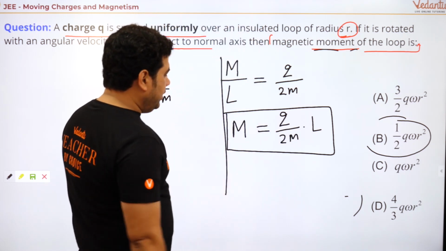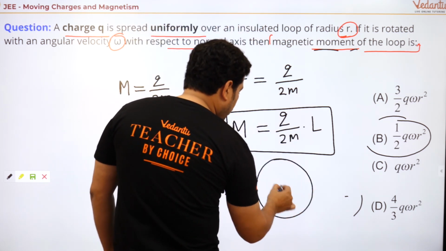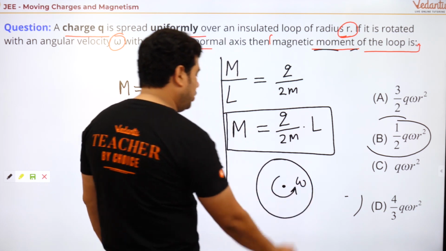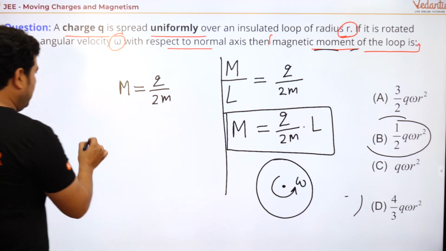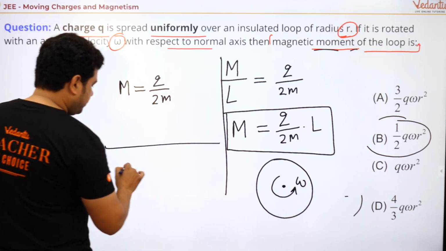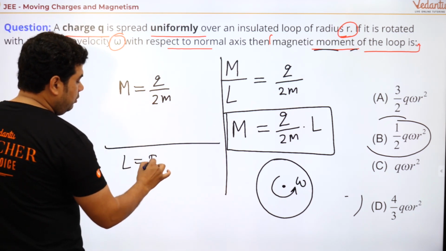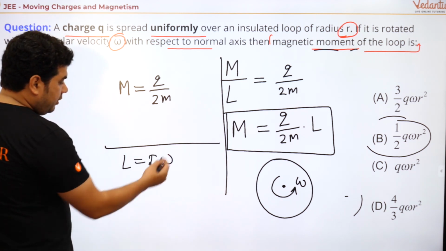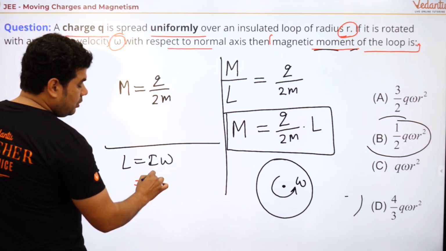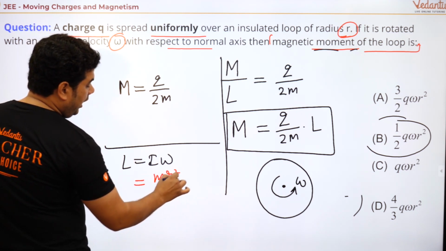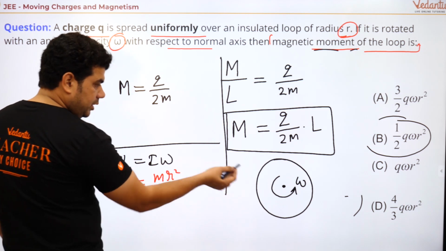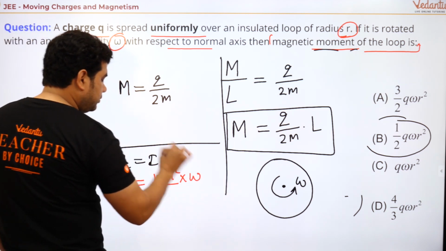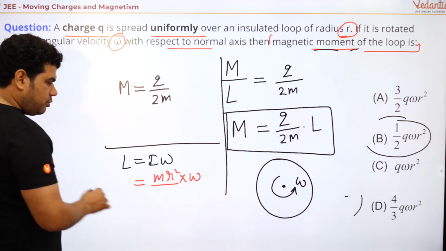So angular momentum of this loop, if it is rotating with angular velocity omega, so angular momentum L is equal to I omega. And I is equal to m R square for the ring, into omega, that is m R square omega.